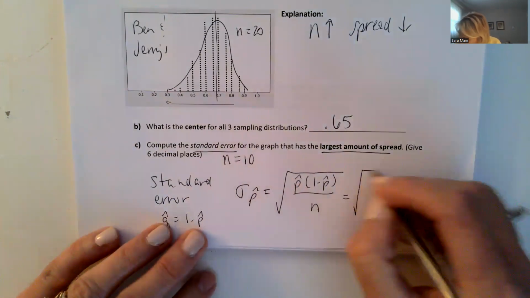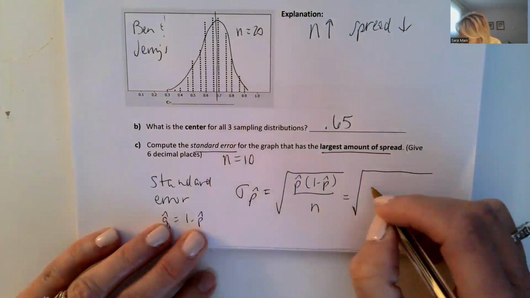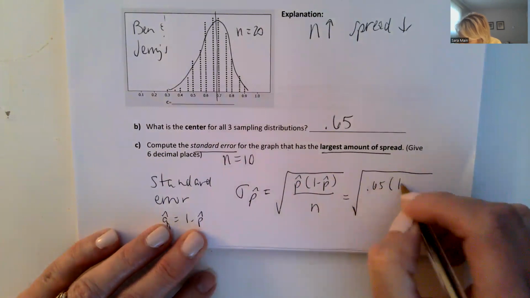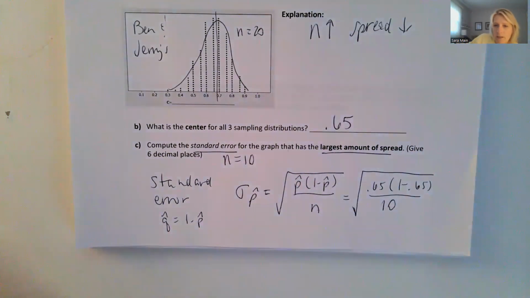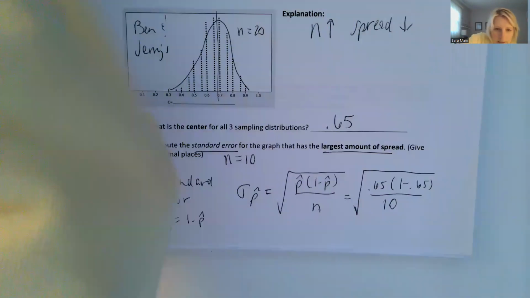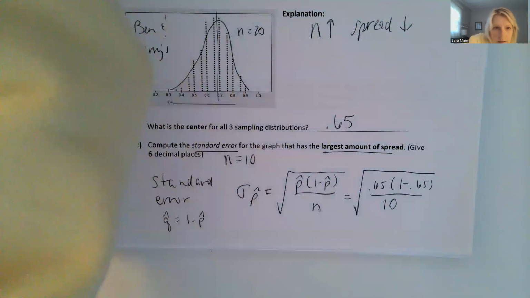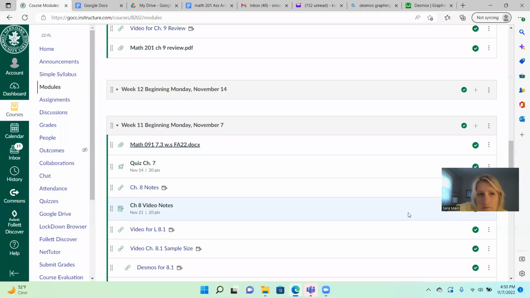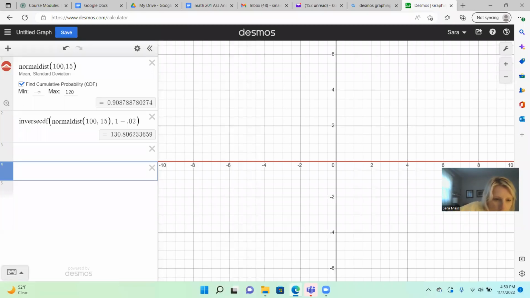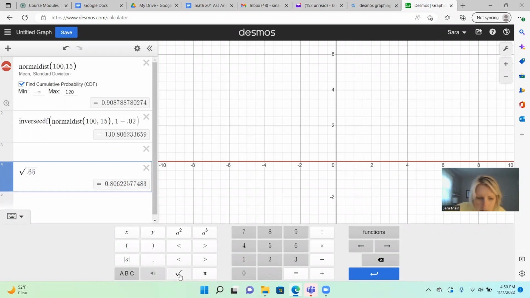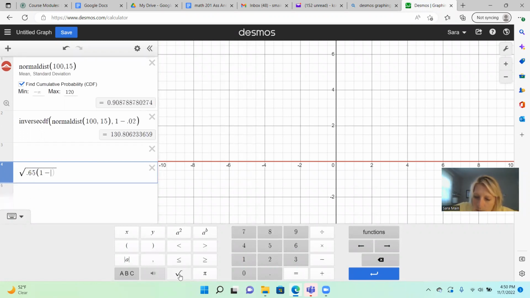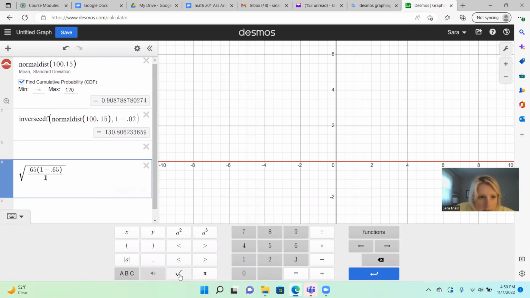So the standard error here should be equal to the square root of 0.65 times 1 minus 0.65 over 10. And we can find out what that is in Desmos. We put in the square root of 0.65 times (1 minus 0.65), divided by 10.